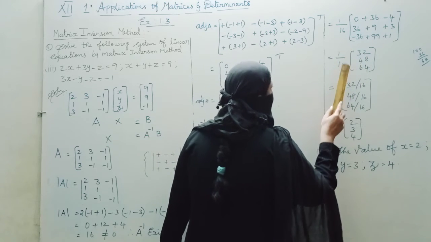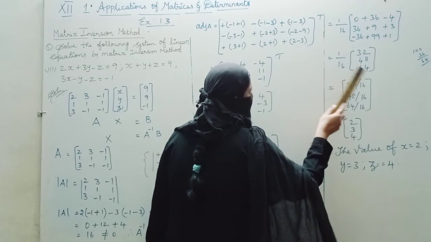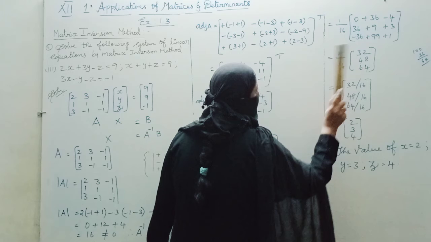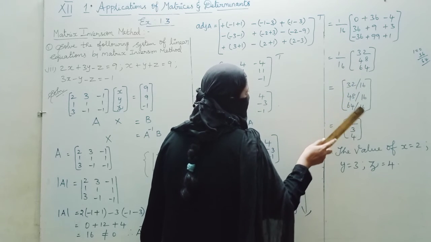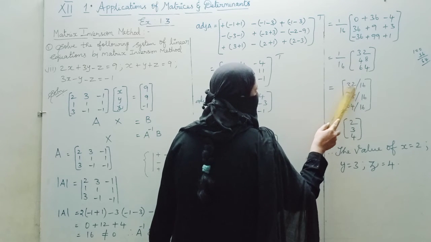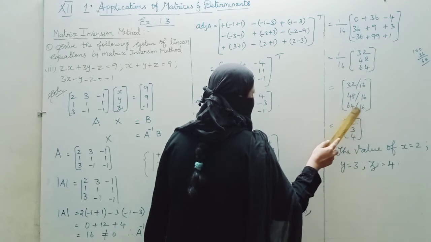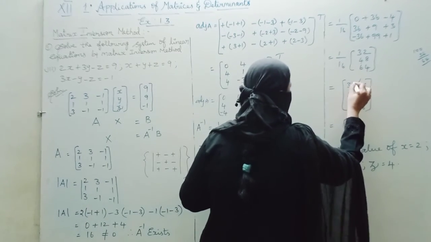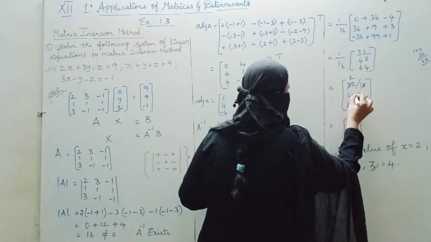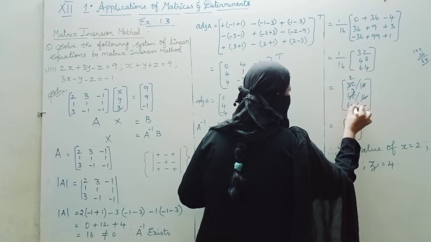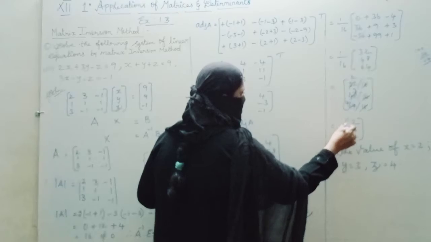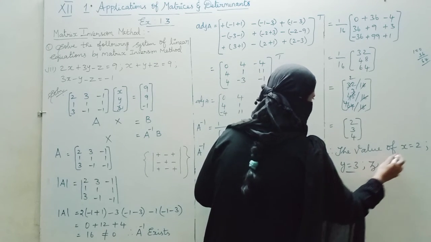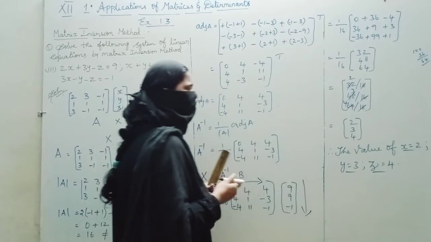You can take it inside, divided by 16 for all the terms. You should write separately: 32 by 16, 48 by 16, 64 by 16. If you simplify, 16 ones are 16, 16 twos are 32, 16 ones are 16, 16 threes are 48, 16 ones are 16, 16 fours are 64. So the answer is 2, 3, 4. The value of x equal to 2, y equal to 3, z equal to 4.